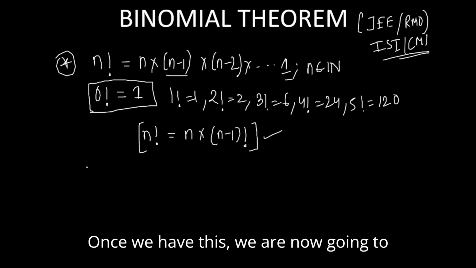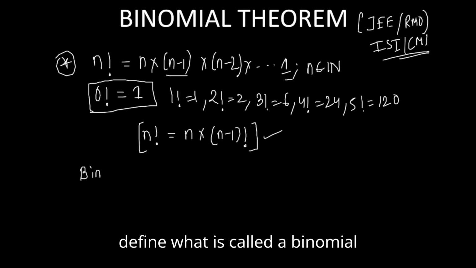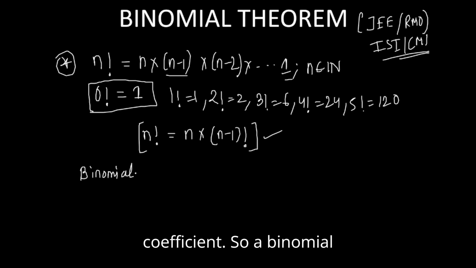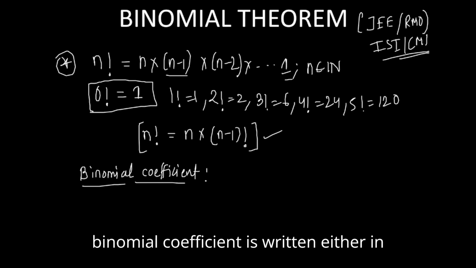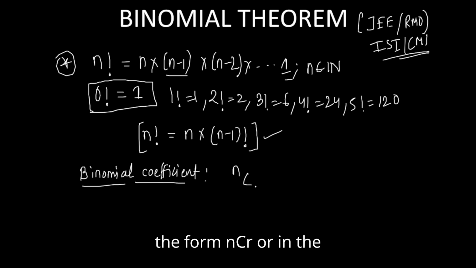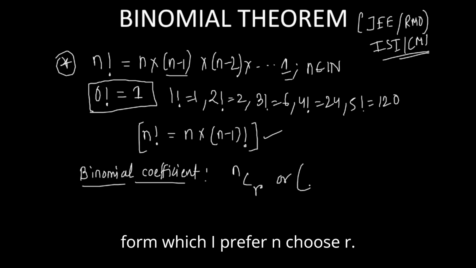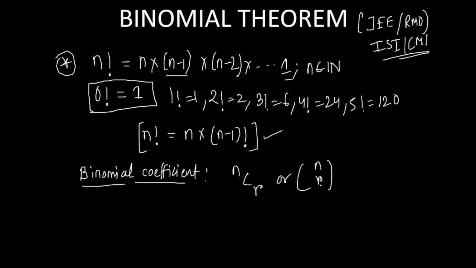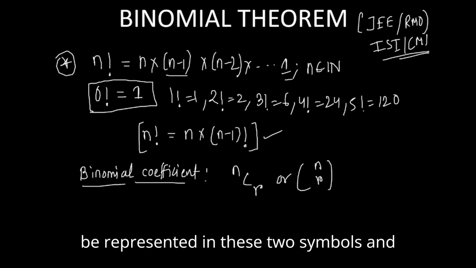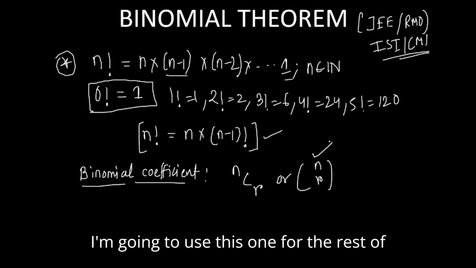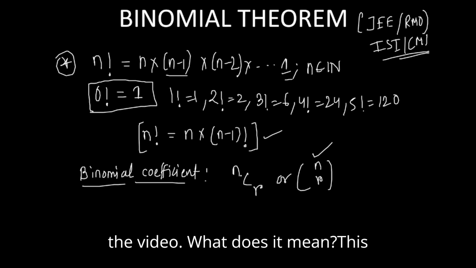Once we have this, we are now going to define what is called a binomial coefficient. A binomial coefficient is written either in the form nCr or in the form which I prefer, n choose r. It can be represented in these two symbols, and I'm going to use this one for the rest of the video. What does it mean?